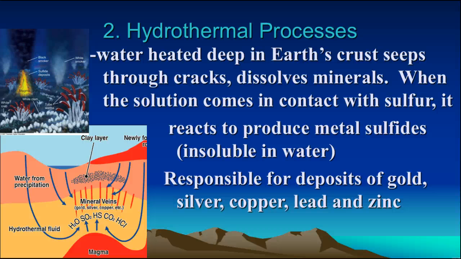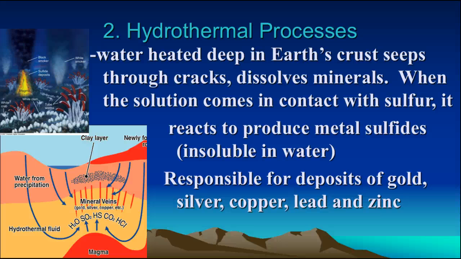And then we also have hydrothermal processes. So hydrothermal: hydro, water; thermal, heat. We're talking about hot water that's coming up through cracks in the Earth's crust, and it carries dissolved minerals with it. And when this solution comes in contact with cold water or with sulfur, it's going to start to crystallize, basically, and these minerals are going to start to come out.